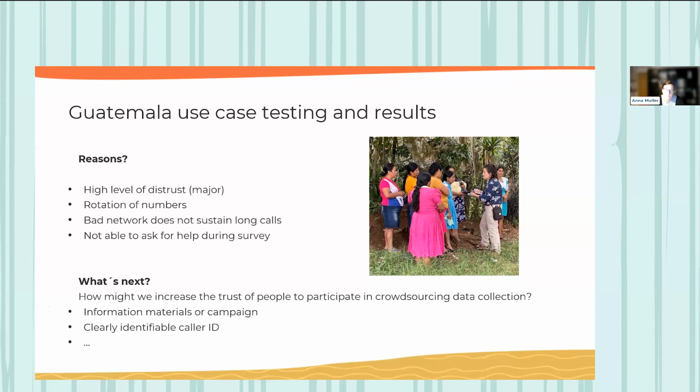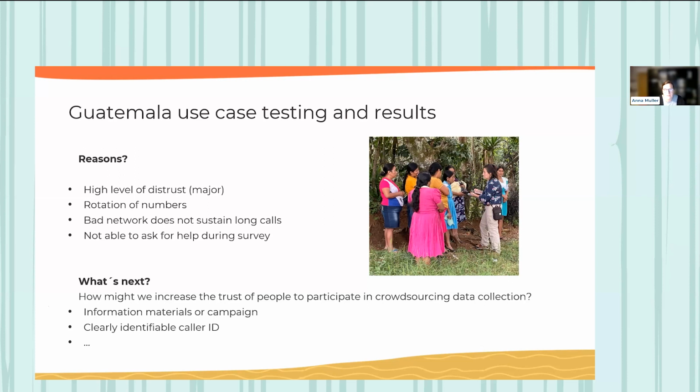So when people get a call from a number they don't know, they just don't answer the phone. It's particularly true for women because they feel especially vulnerable to these types of situations happening over the phone.